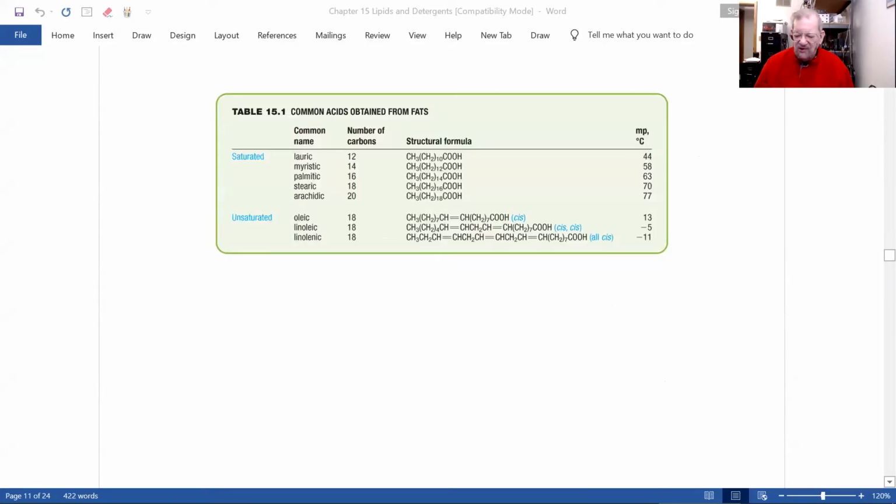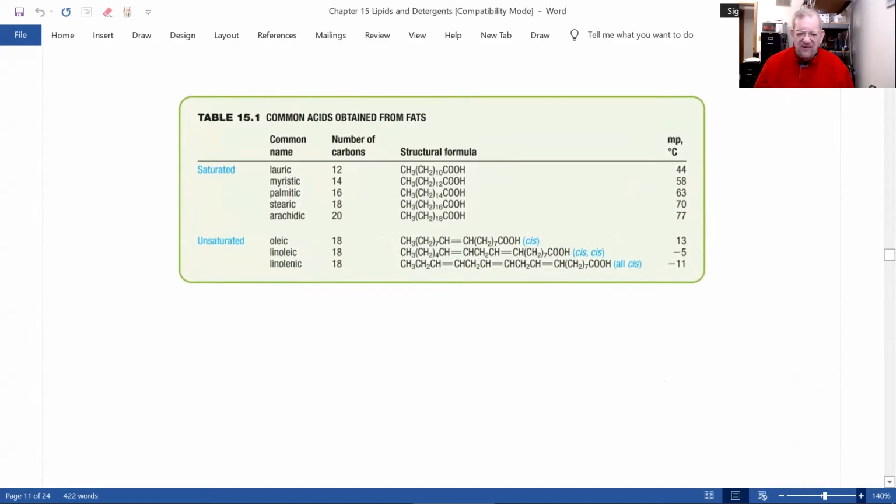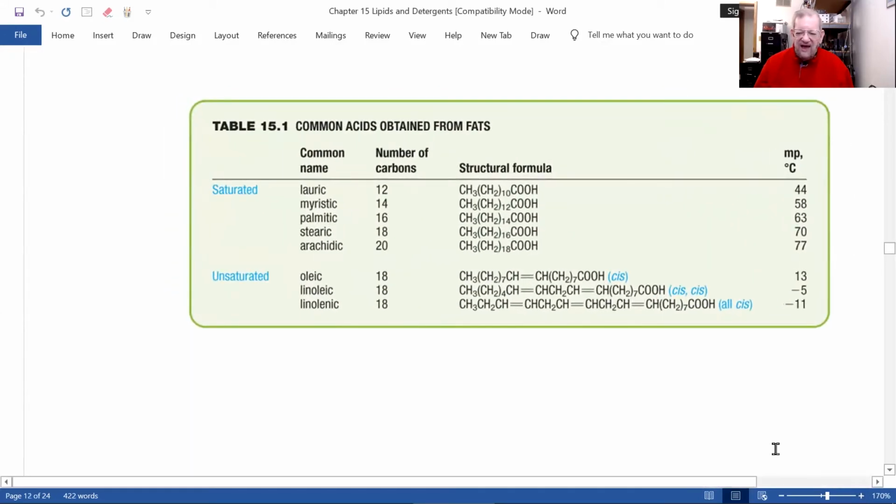Now, I just show you some of the fatty acids that are available or in things we consume. These fatty acids are the acids that react with glycerin to make fats and oils, the triglyceride. Now, nobody uses IUPAC.